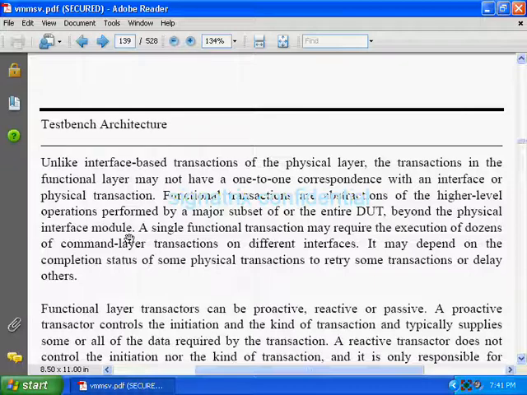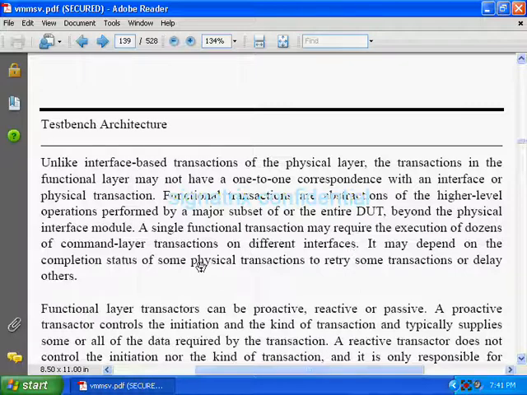If we are performing verification at that abstraction level, then we can say that this is function level verification. A single functional transaction may require execution of dozens of command layer transactions on different interfaces.